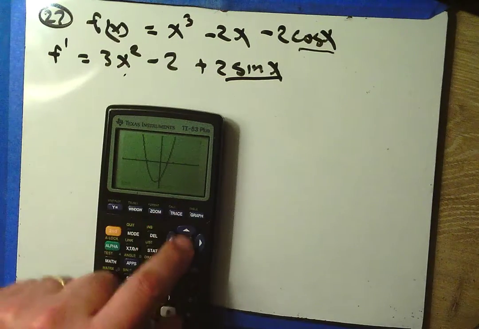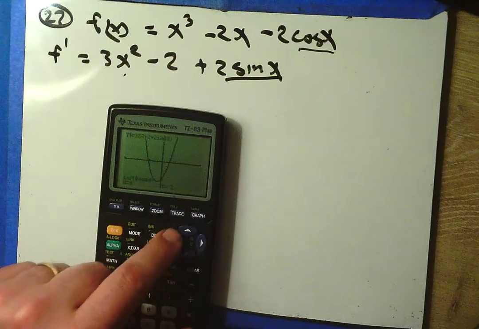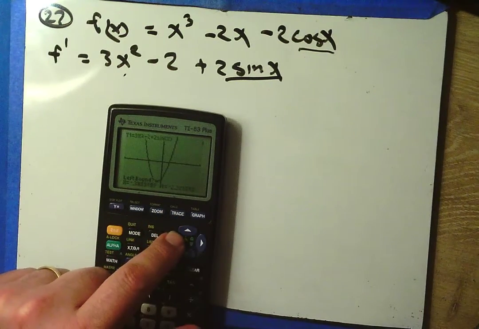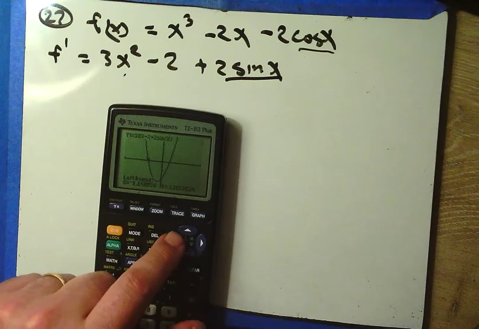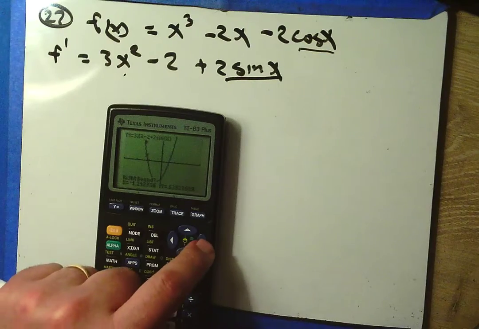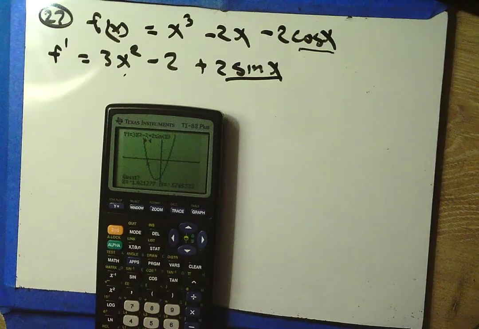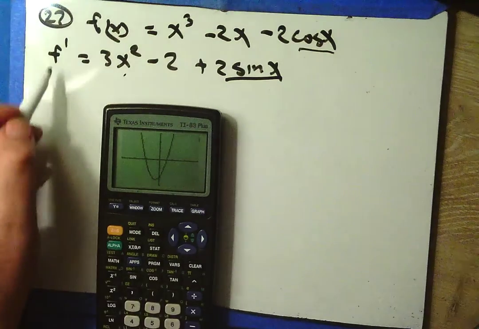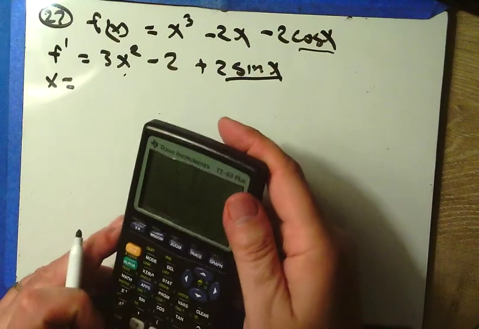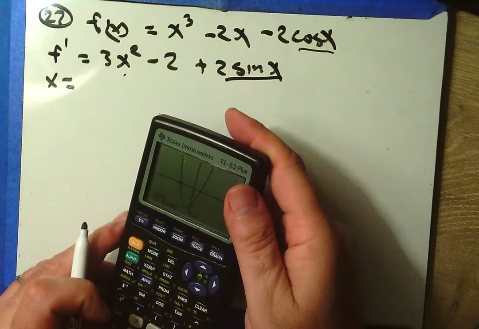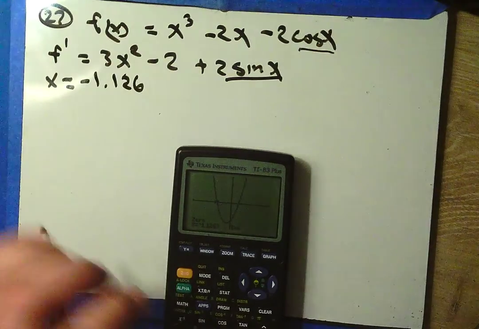Okay, so I can calculate zero. Bring my cursor close to that x-intercept over there, and to the left of it, enter. To the right of it, enter. Guess, enter. And so I get x equals negative 1.126. Okay?